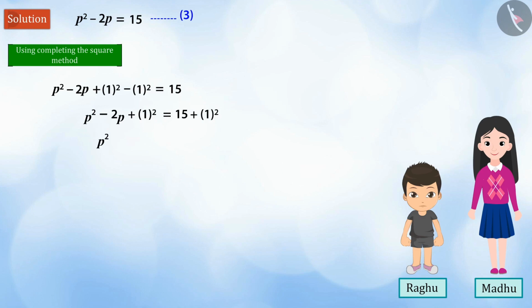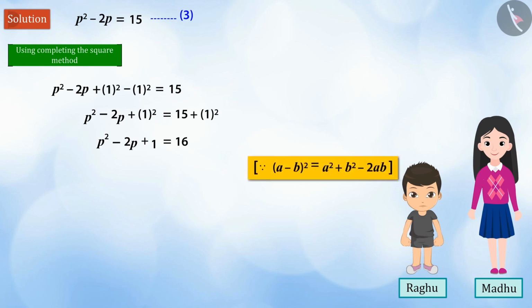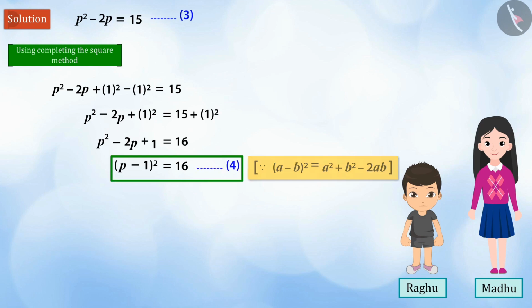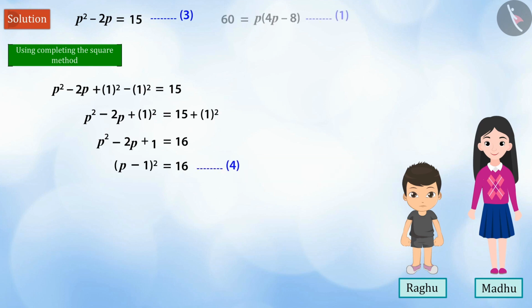Thus, we get the equation p square minus 2p plus 1 is equal to 16, which can be written as equation 4. Note that the solution of equation 1 will be the same as that of equation 4, which gives a value of p minus 1 is equal to plus or minus 4 after solving.